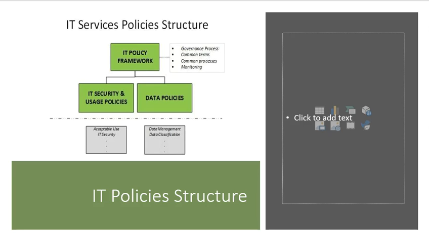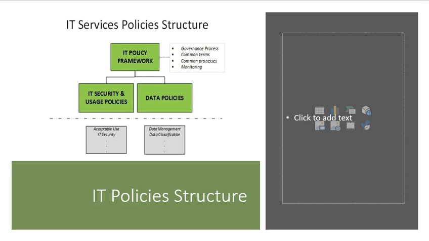Some of the important elements related to the policy include IT security and usage policies, data policies, and different types of policies, which are to be followed by the people who are using information technology when they are connected with the organization. So these policies are rules that should be followed by the people who engage with the organization, and they are developed for that purpose.